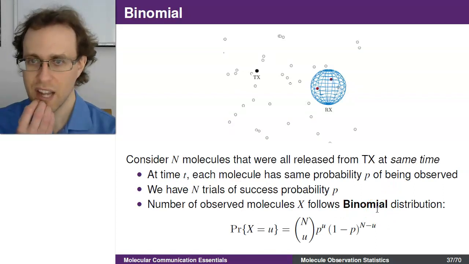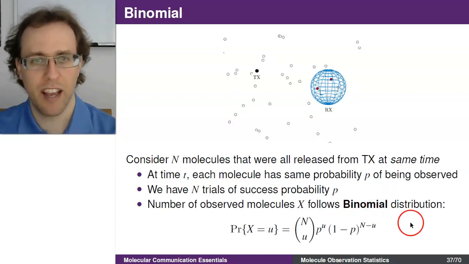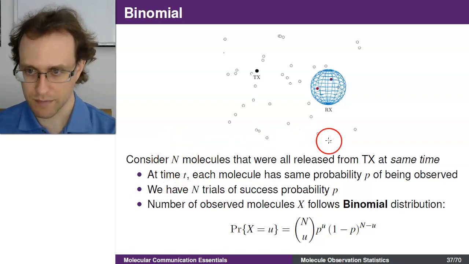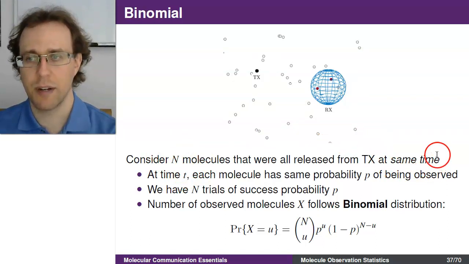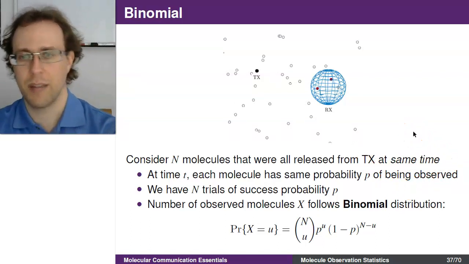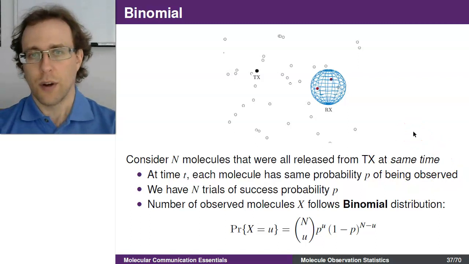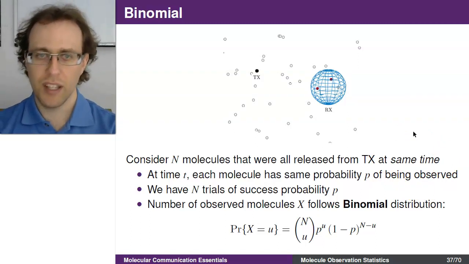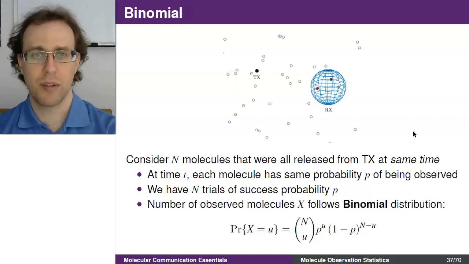This readily extends to the case where we have multiple molecules. Let's say that instead of one molecule, we now have n molecules, and these are all released from the transmitter at the same time. At this stage, it's quite important that we're assuming these molecules are released at the same time. So at some given time t, each of these molecules will have the same probability p of being observed.